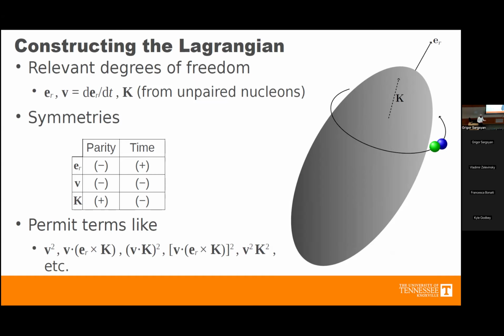There is one of fixed strength that appears as well, or a contribution that appears of fixed strength. But because of the other contribution appearing that has an undetermined strength, we absorb it all into one low energy constant.